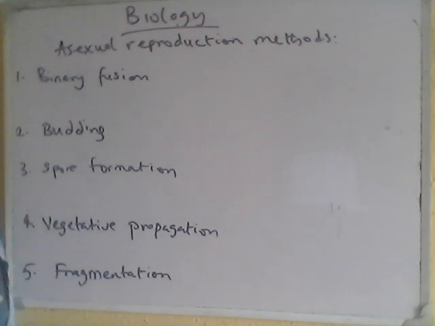So we look at the types of asexual reproduction. There are 5 here. I have the binary fission, the budding, spore formation, vegetative propagation, and fragmentation. Okay, so just know them. Though I developed a very good mnemonic for this.